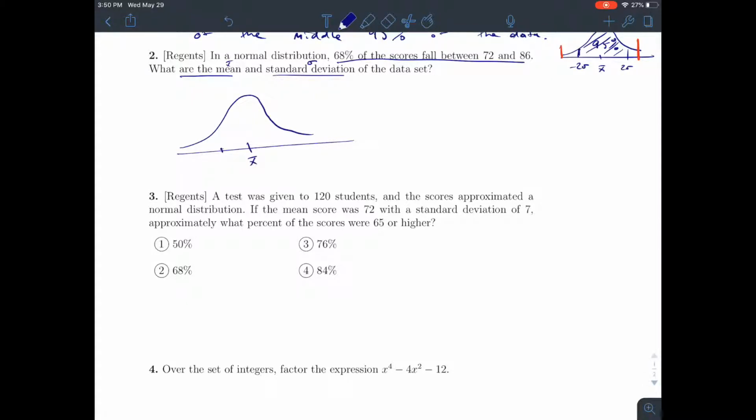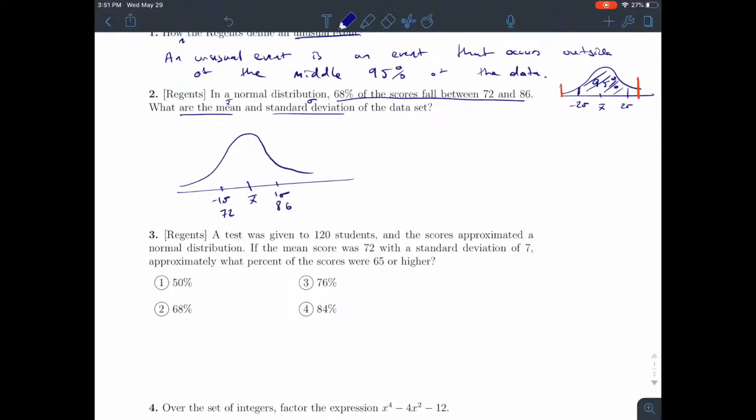So these must correspond to the -1 sigma and 1 sigma difference from the mean. So this must be 72, this must be 86. And between these two values is 68% of the population or the data. And we know that these are -1 sigma and 1 sigma here because that corresponds with the 68% interval.